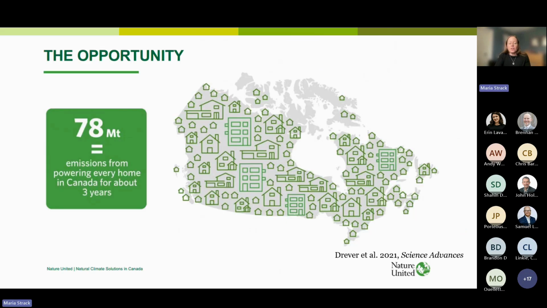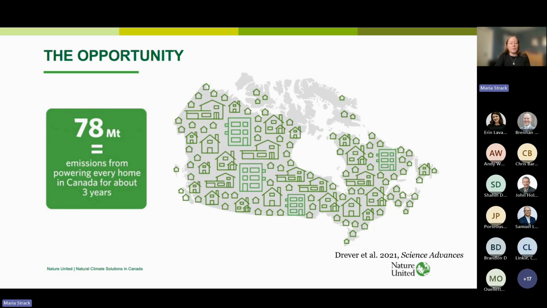So a couple of years ago, scientists in Canada got together, and I was able to be part of this group, myself focusing on the wetland side, but we aimed to try to understand what was the potential in Canada of all of our ecosystems to contribute to climate action. And we came up with a number of about 78 megatons of carbon dioxide equivalents that could be reduced in the year 2030.